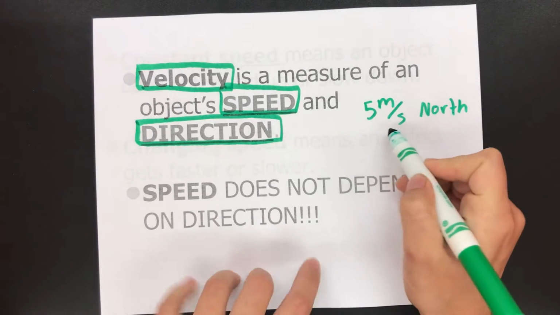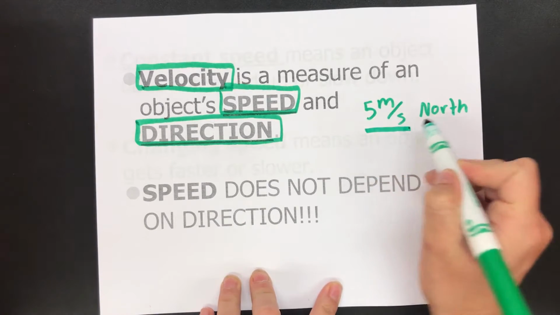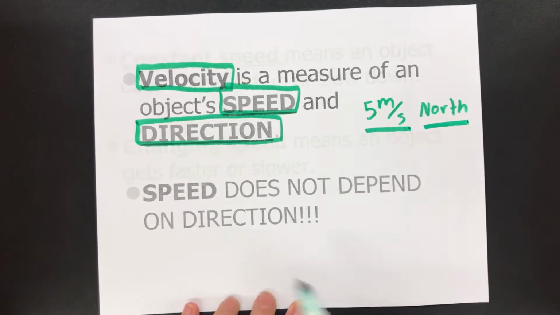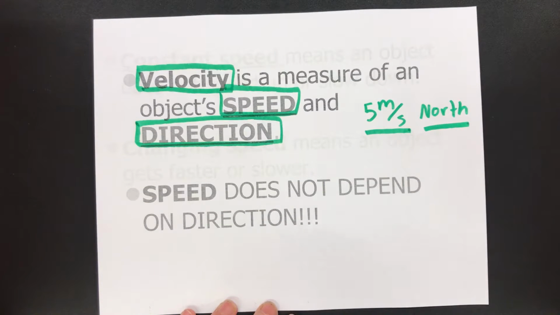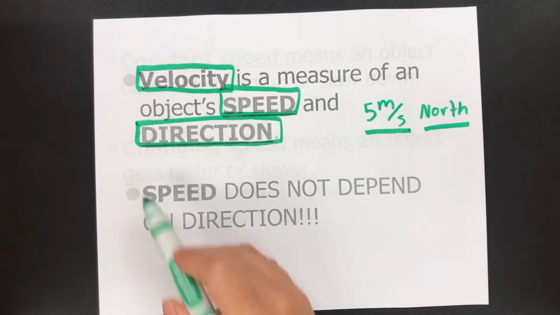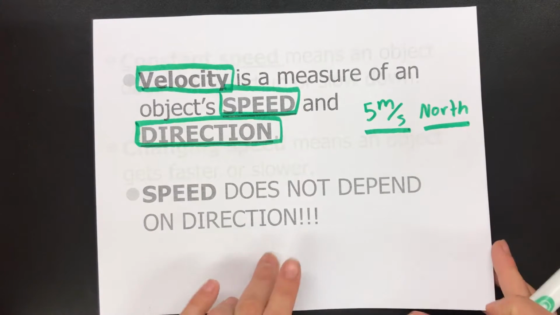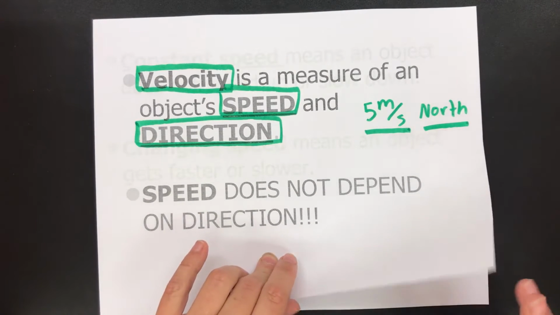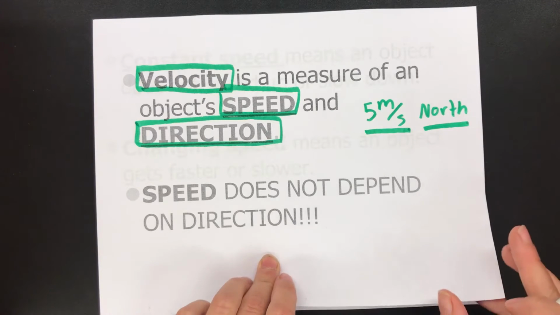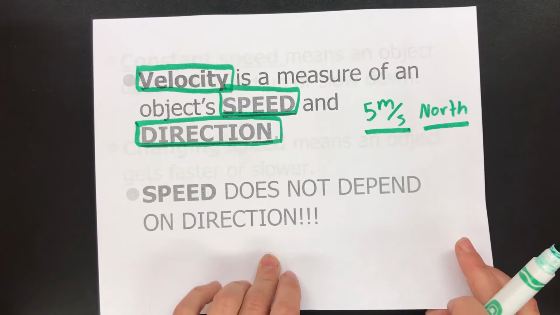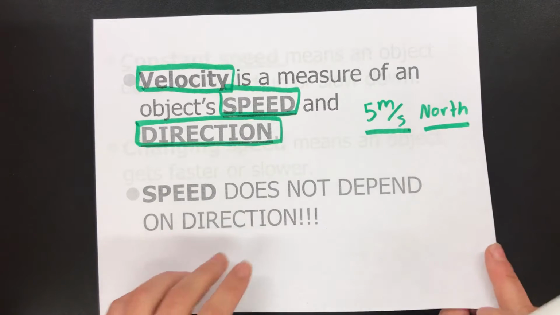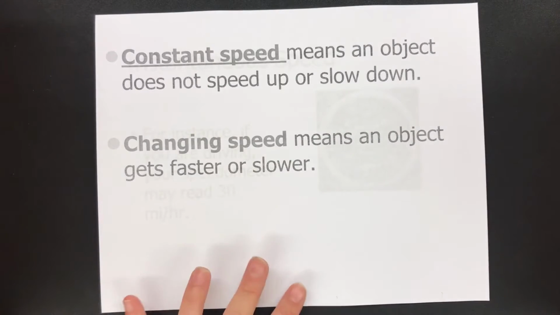This is velocity because I give you how fast it's going and the direction it's going. Speed does not depend on direction. So if you ever get a question asking for any kind of direction piece, it's going to be dealing with velocity. But a lot of times even I will ask you questions that have speed and velocity kind of intertwined together. Just know that that's the difference between the two.